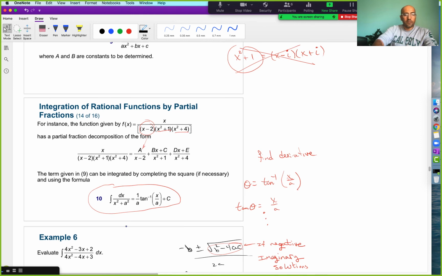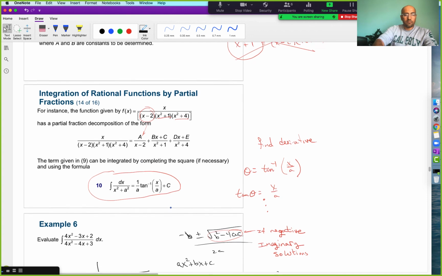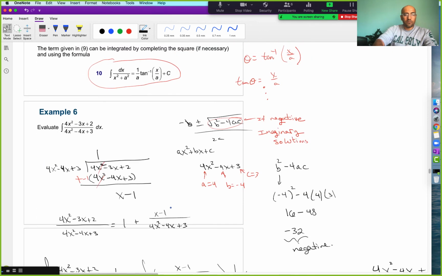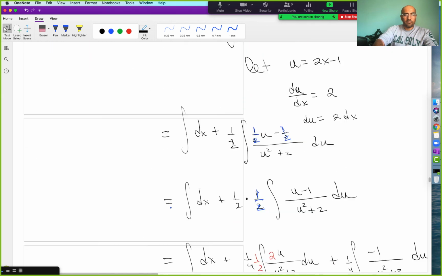There it is. 1 over a tan inverse of x over a plus a constant, when it fits this form.